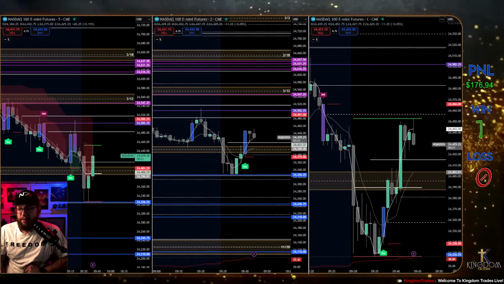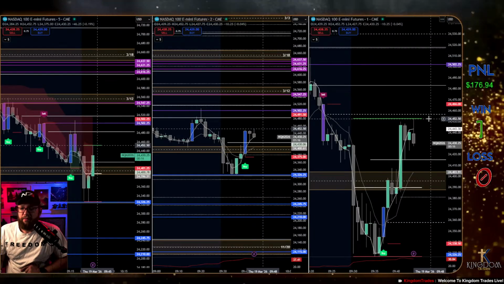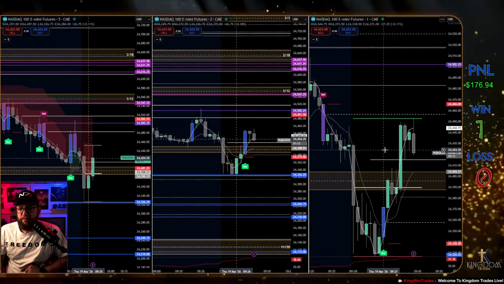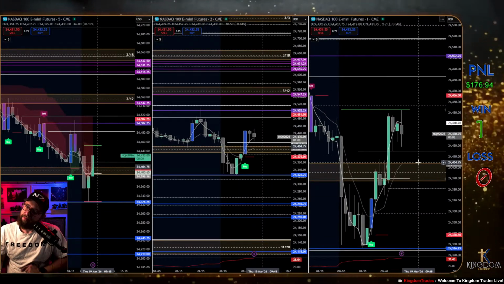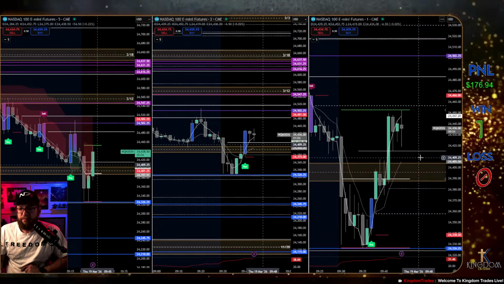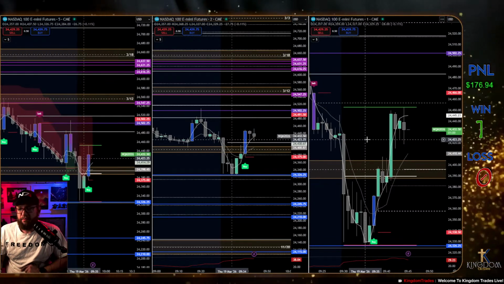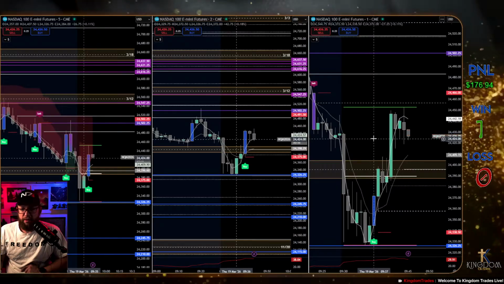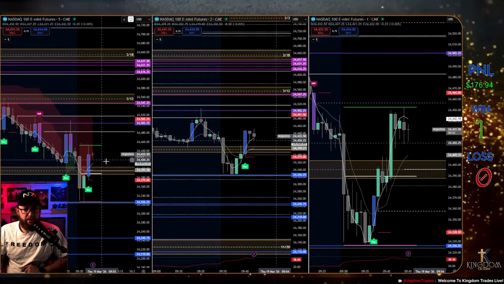Starting to push down off of it. Coming back on that 5 minute level. So we did get a break above that 5 minute, but we're right at it. We're right at that 5 minute cross.